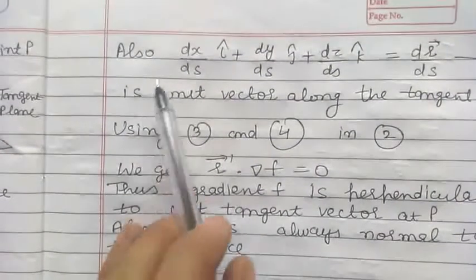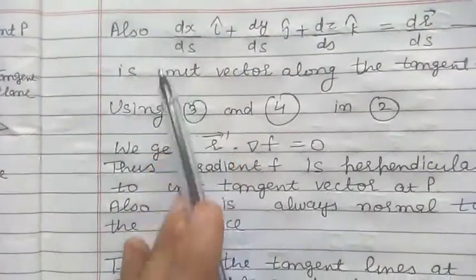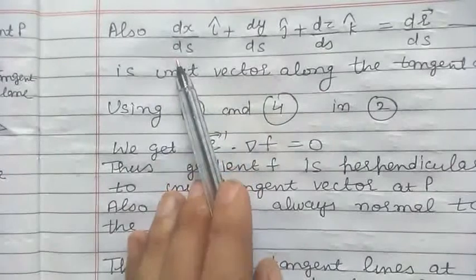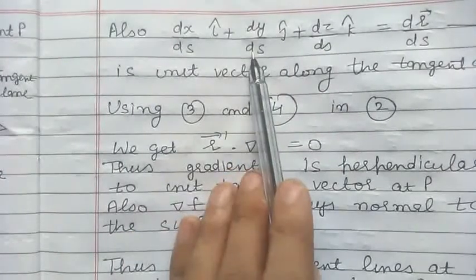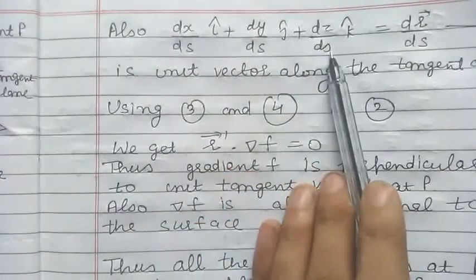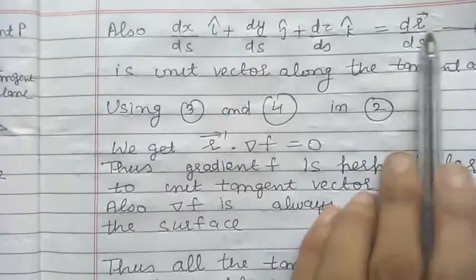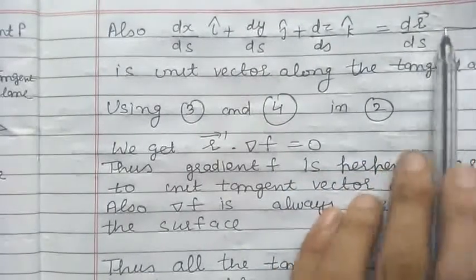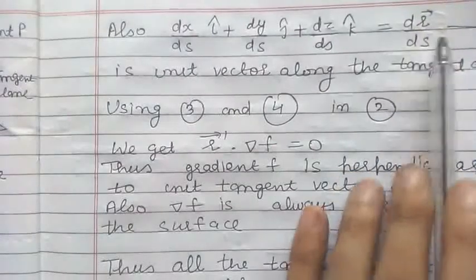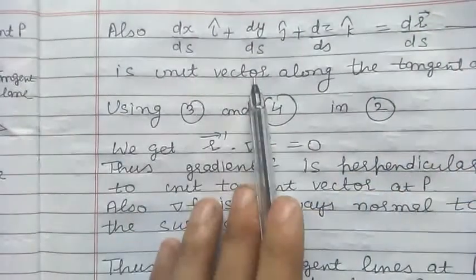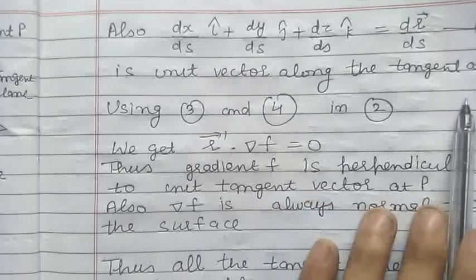Also, the vector dx/ds i cap plus dy/ds j cap plus dz/ds k cap is the unit tangent vector which we have already studied, and it is denoted by the vector dr/ds. This is a unit vector along the tangent at the point P.